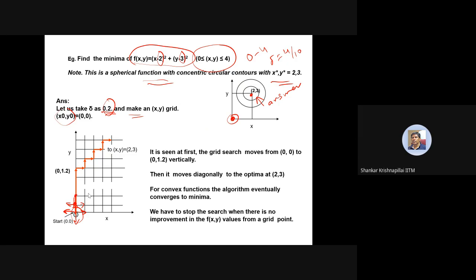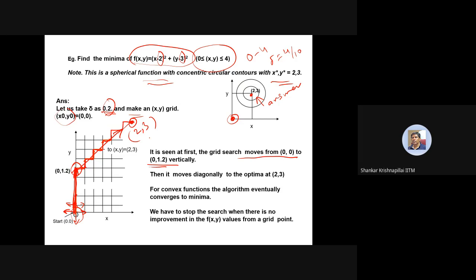What is seen is that the grid search moves from 0, 0 to 1.2 vertically. Initially, it will go in a straight line up to 1.2, and after that, it is seen to move diagonally like this. Okay, it will move in this staircase fashion in a diagonal way, and eventually it will reach 2, 3.